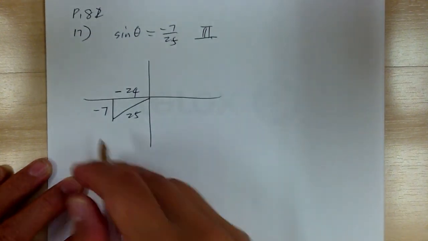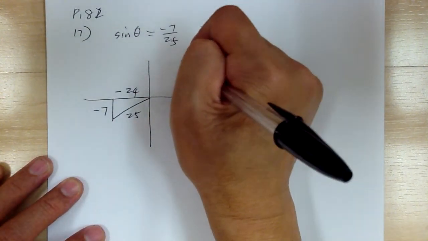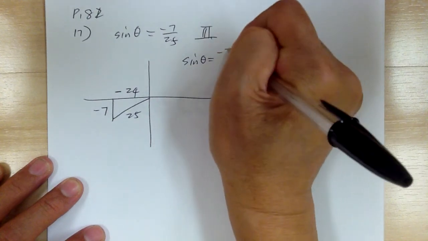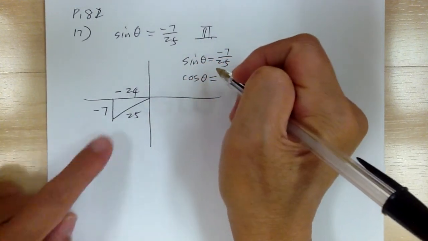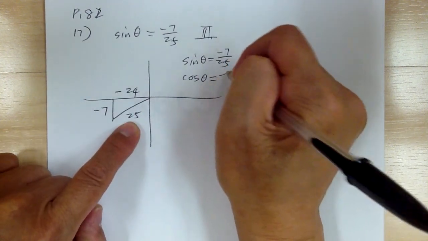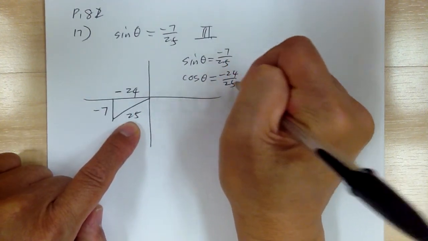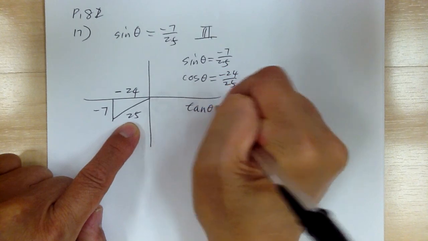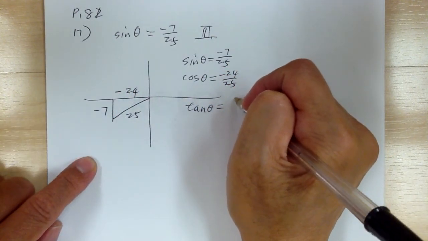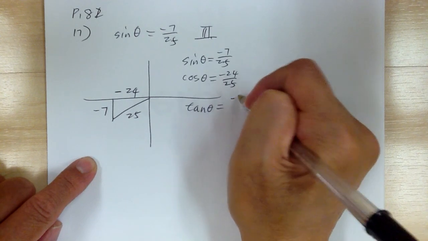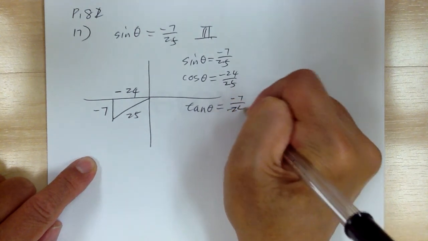Okay. So once you get it over here, then you get your ratio. So you got sine theta. It's already given, but go and write it again. So sine, cosine. So cosine is horizontal over hypotenuse. And tangent. Tangent is sine over cosine, so it would be -7 over -24.